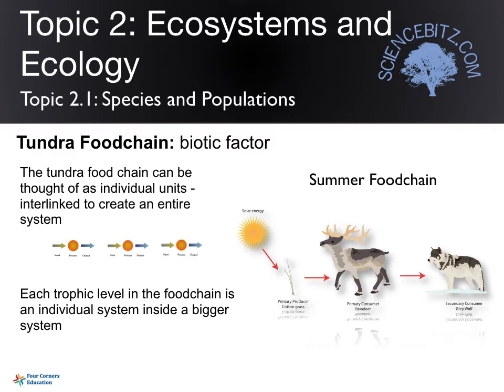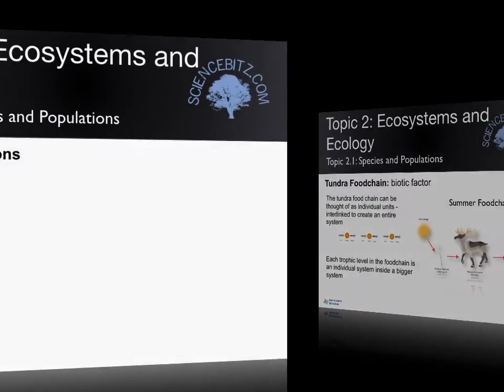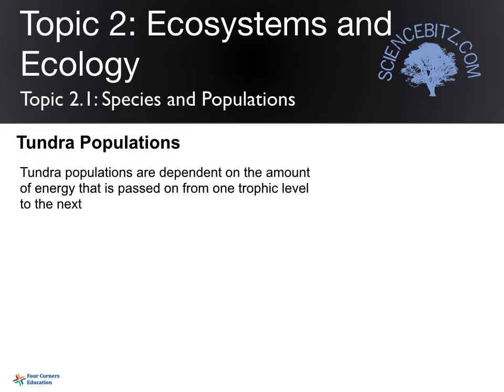So each of these levels, each trophic level, each feeding level, is an individual system, but together it creates an entire chain of systems, a food chain. If you remember in topic 1, we talked about this idea of emergent properties, that these systems give rise to these emergent properties. So each level in this ecosystem, the populations are totally dependent on the amount of energy that is passed along from one trophic level to the next.